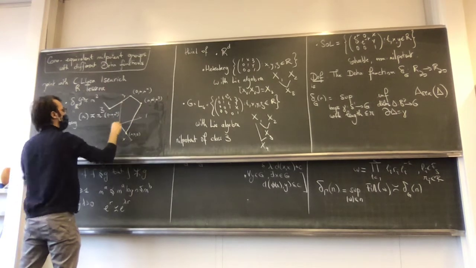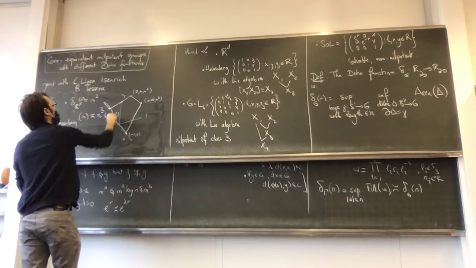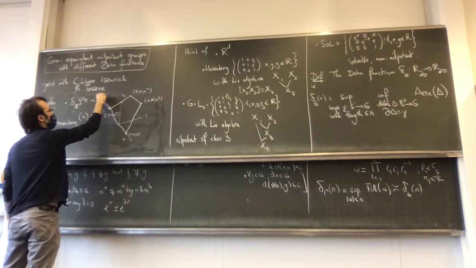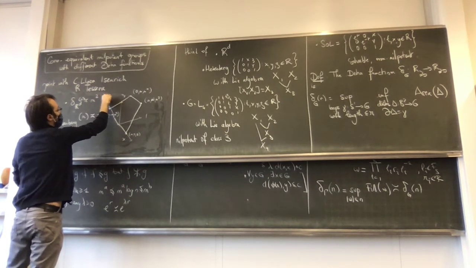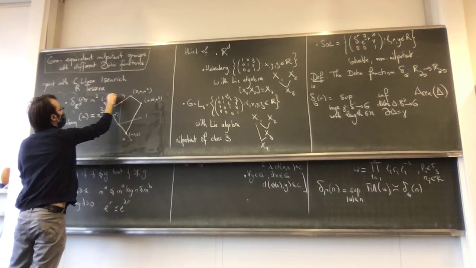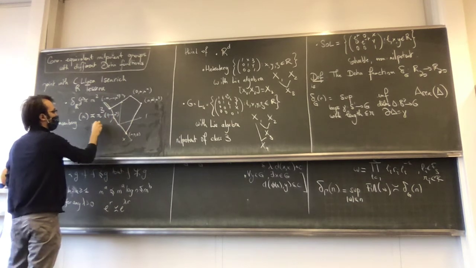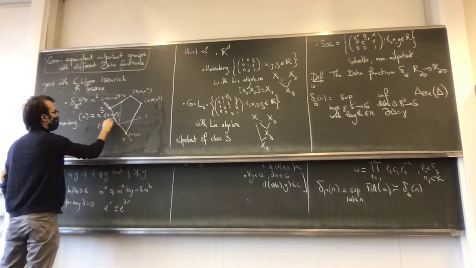It goes and then back here. So this was minus n squared, and this was minus n, 0, 0.